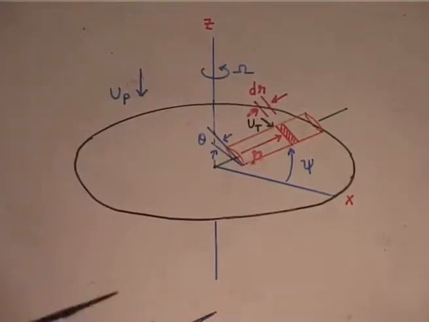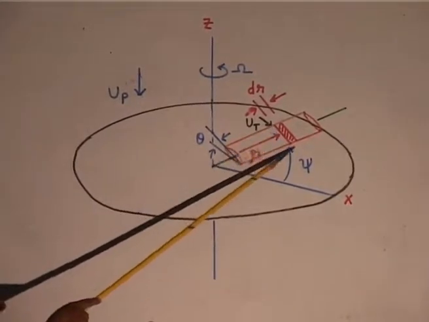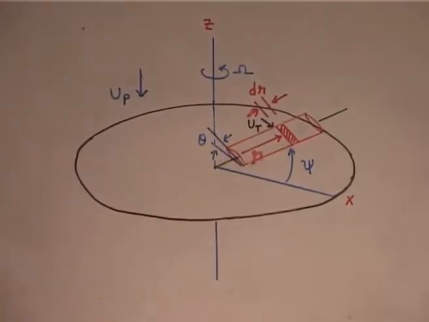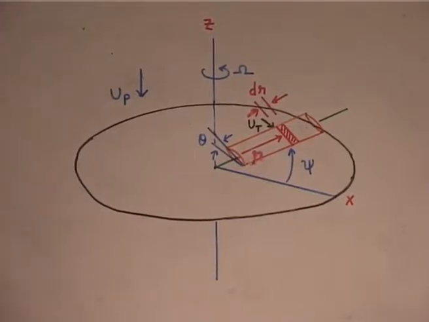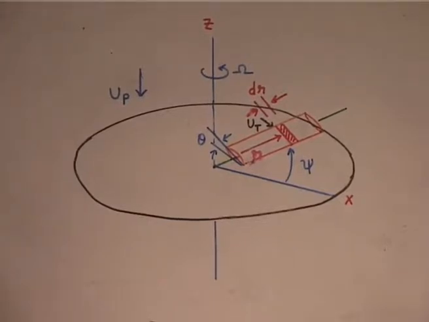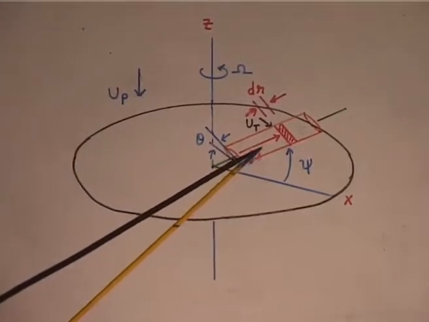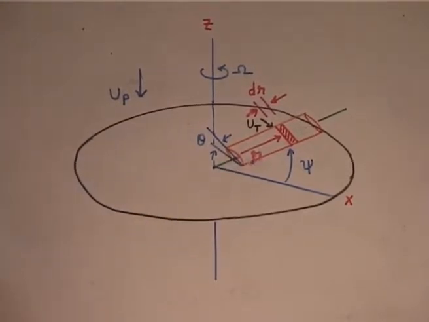And this is a small elemental cross section dr. Because please note my omega r is changing depending on the radius, that is why that lower case r is used for the running variable along the span of the blade.